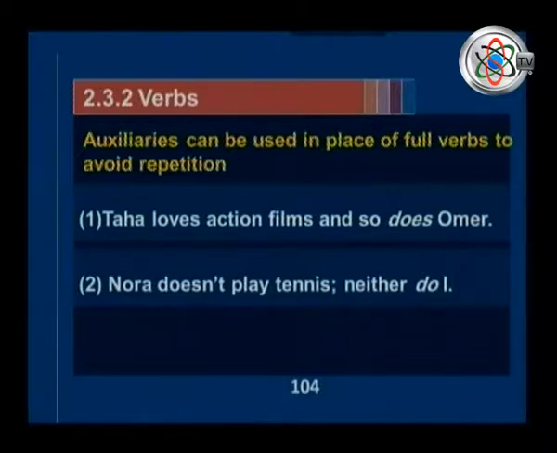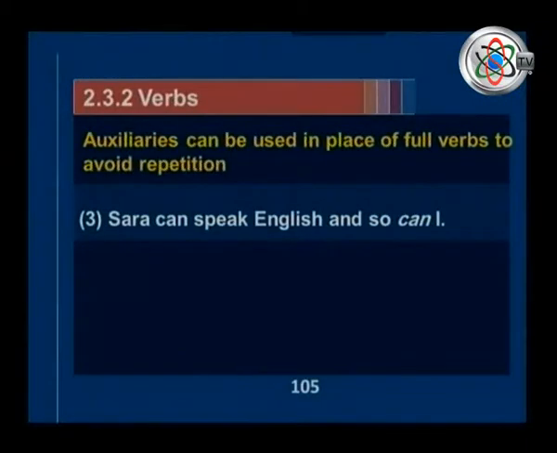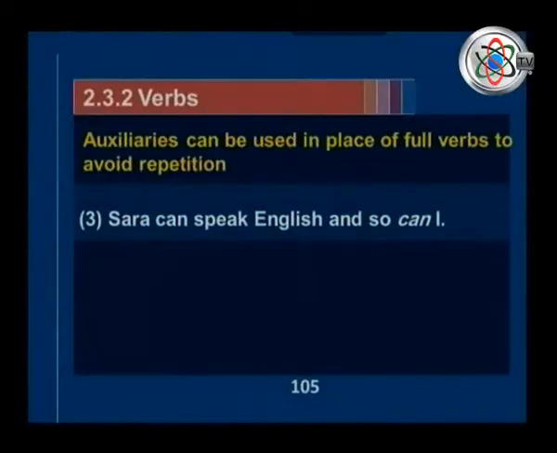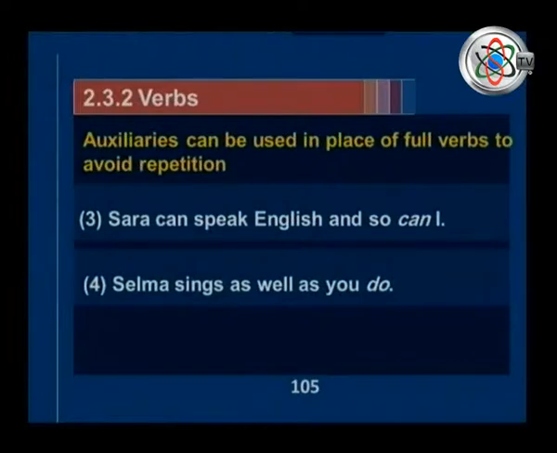And auxiliaries can be used in place of full verbs to avoid repetition, as we said. Sarah can speak English, and so can I. You go by the auxiliary; you are governed by the auxiliary. If we make it negative, Sarah can't speak English, and neither can I. Neither, neither, the same pronunciation.